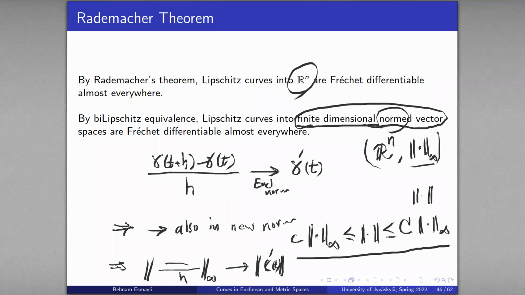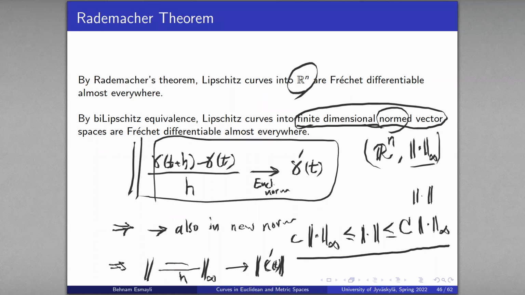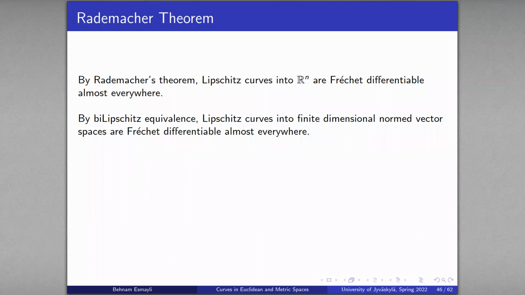So we have the strongest convergence, and whatever norm you equip your space with, you then just take the norm of this convergence on both sides. If you take the L infinity norm, this becomes L infinity norms. So Rademacher's theorem also gives the case that if you have any finite dimensional normed vector space, then Lipschitz curves into those spaces are Fréchet differentiable, hence also metrically differentiable.